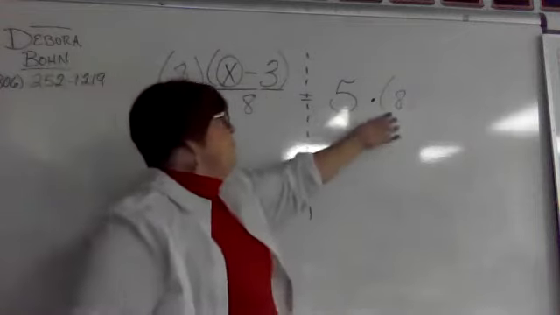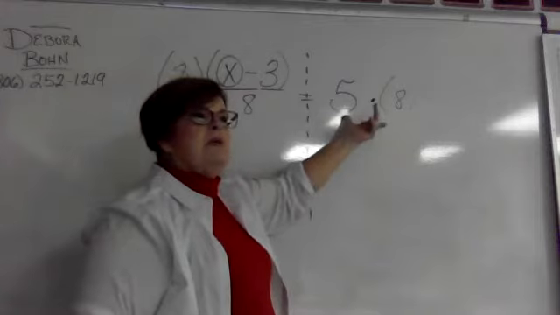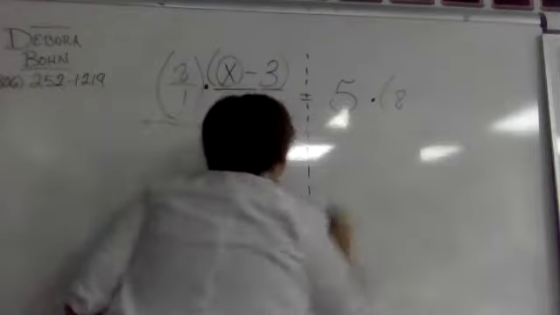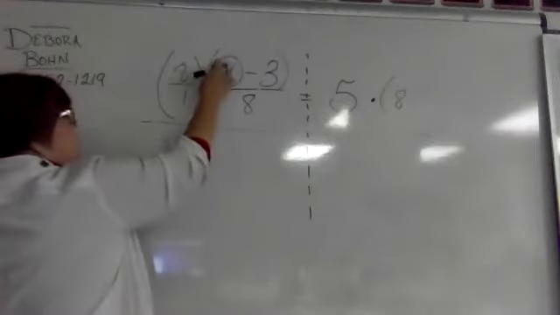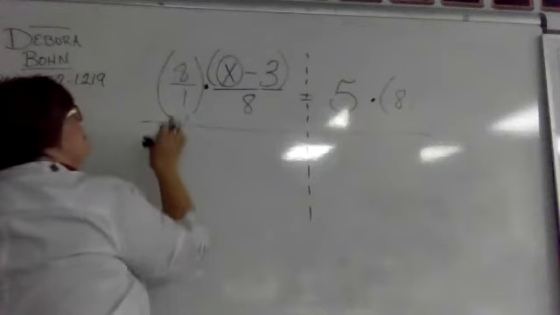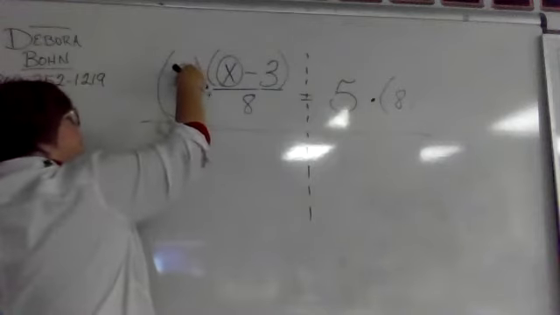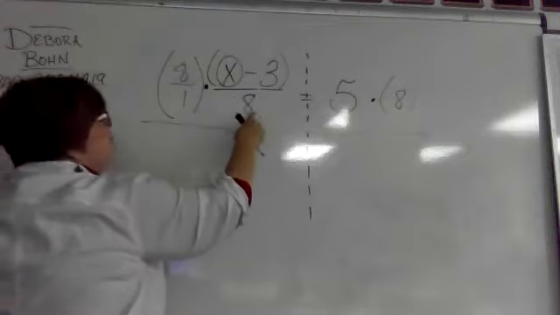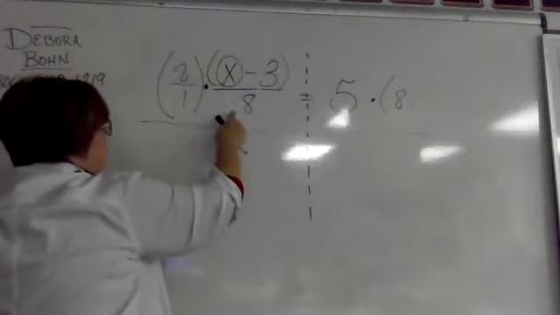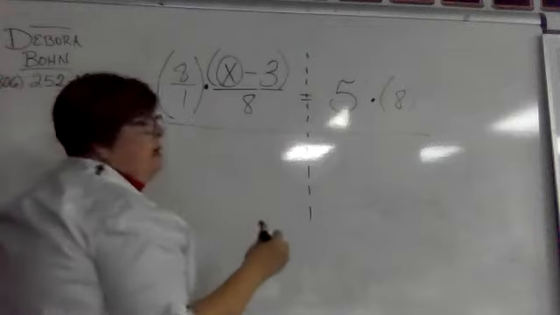I could put this over 1, but I'm not dealing with fractions there. Now we look again at the side we're dealing with, and we see a numerator and a denominator somewhere in the problem that will divide by the same number. They actually both divide by 8.